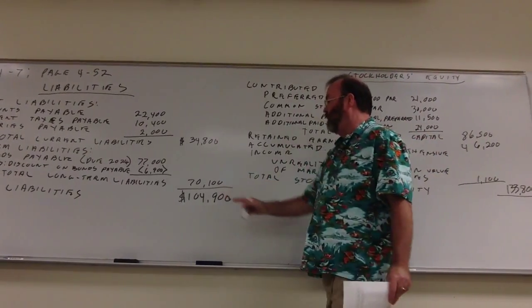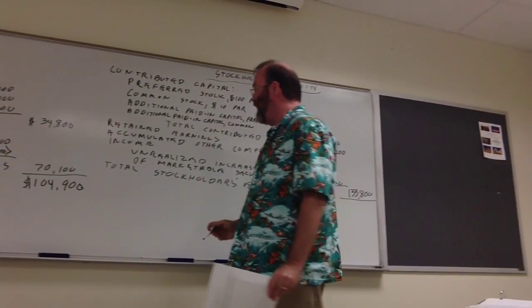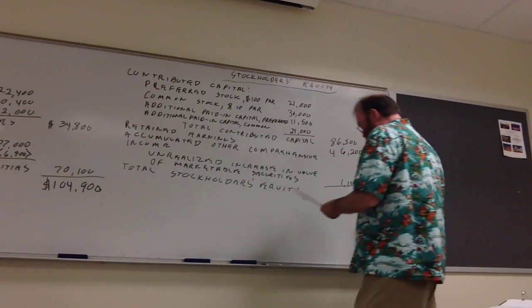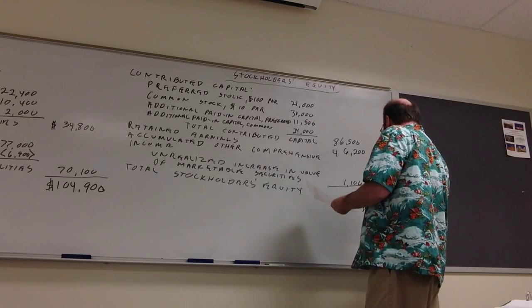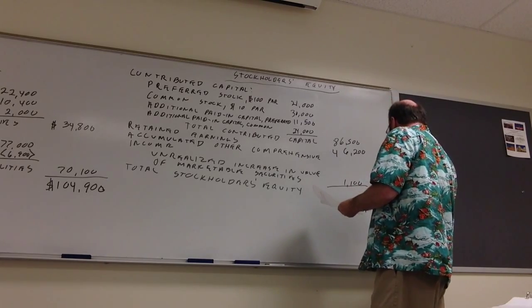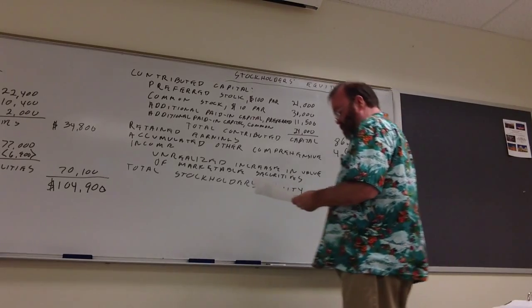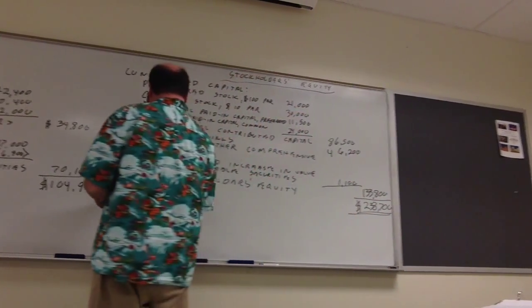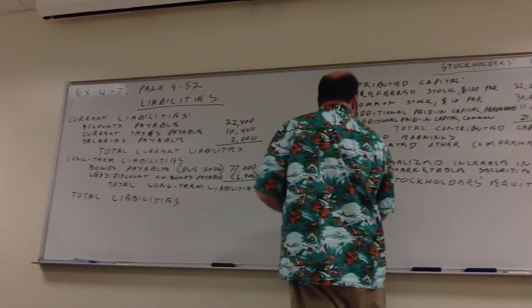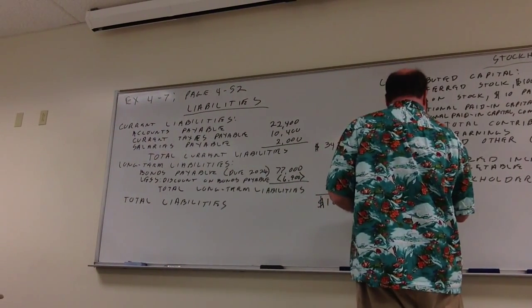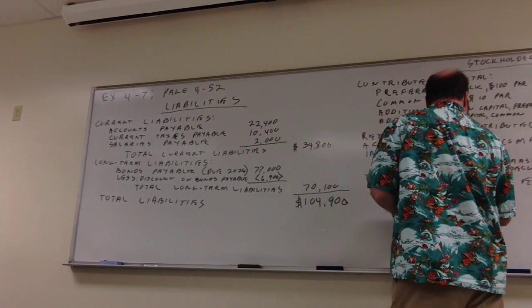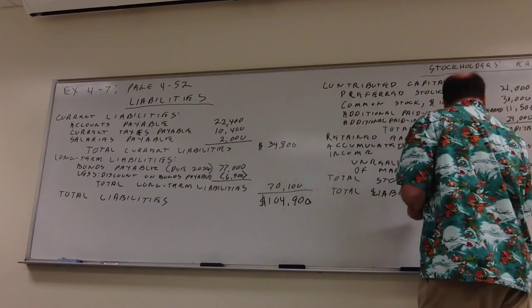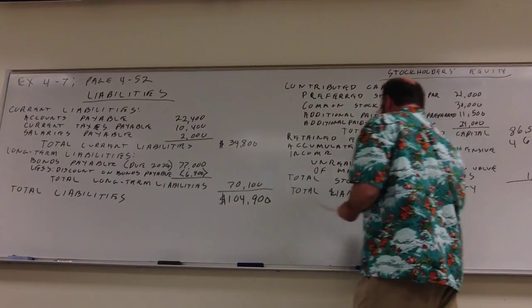Add that to our total liabilities of $104,900, and you get the same $238,700 that we had for total assets. And this is total liabilities and stockholders' equity.